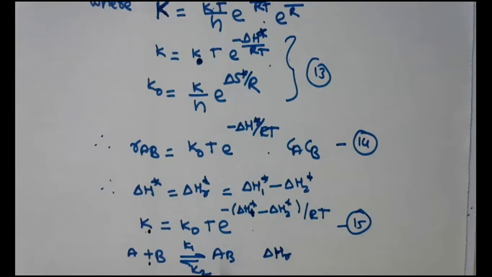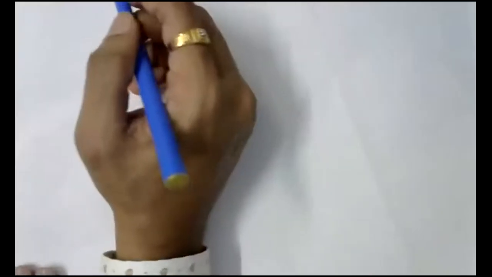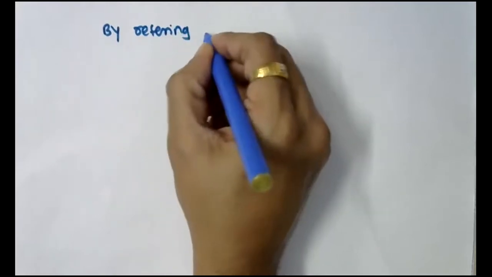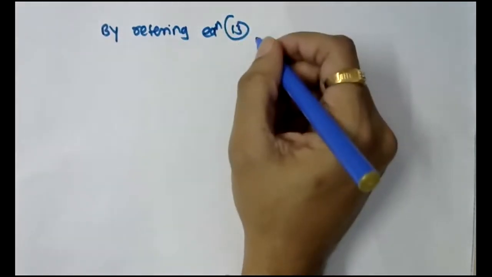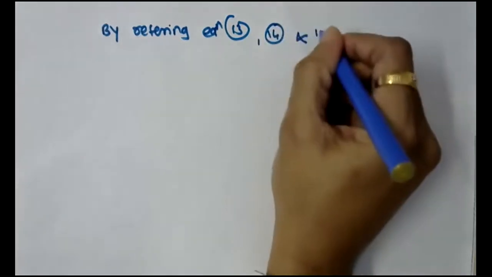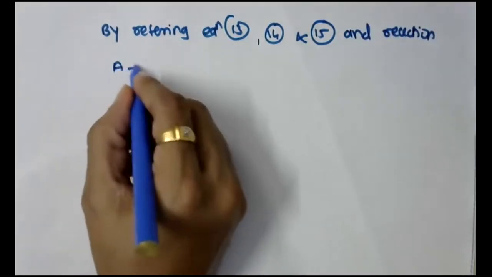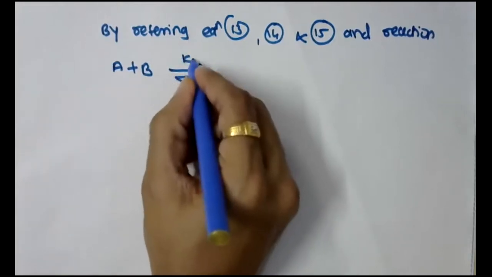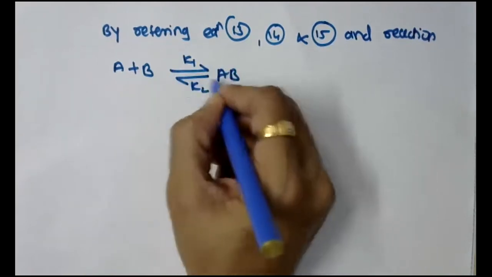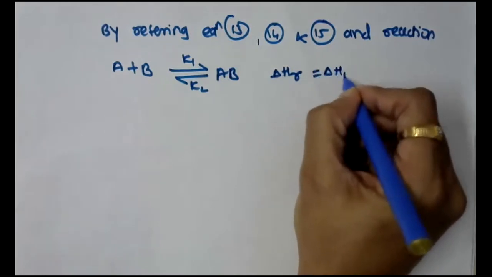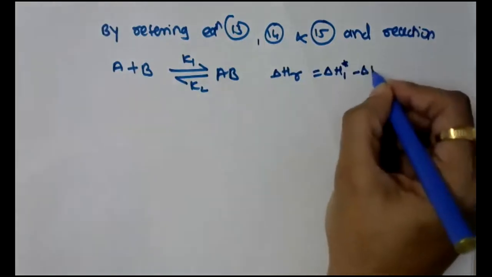I can write the rate constant for the forward reaction K1 as, so by referring to the discussion as per equations 13, 14 and 15, and the reaction A plus B reversibly gives AB, with K1 and K2, where heat of reaction is HR, and that we have written as H1 star minus H2 star.